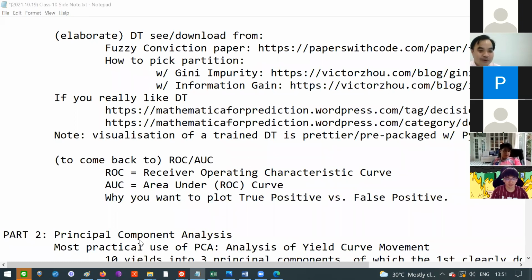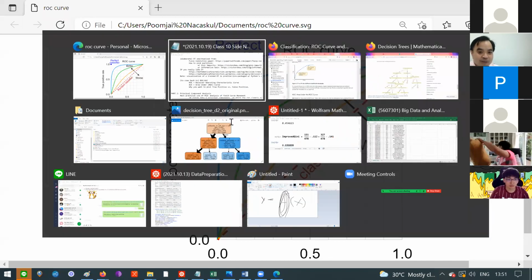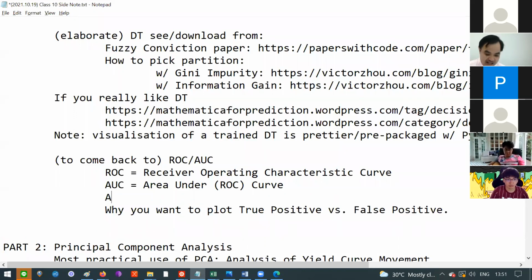The perfect area under the curve is 1. A random model would get you 0.5, half the area, since the whole square is 1 times 1. So if you get an AUC of 0.5, it means you are at random.